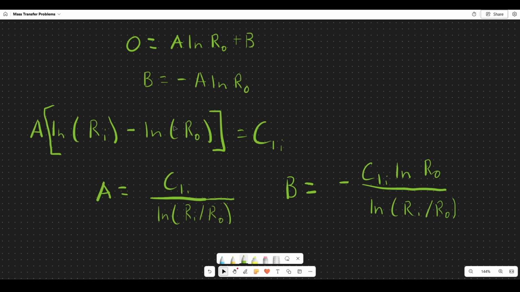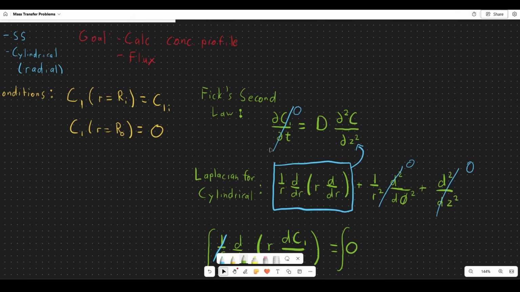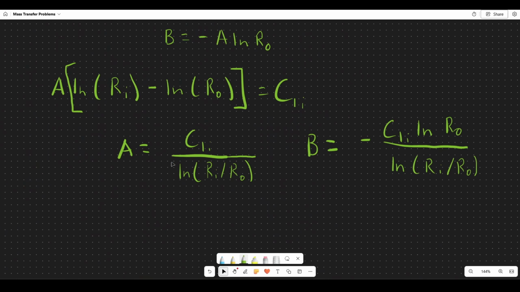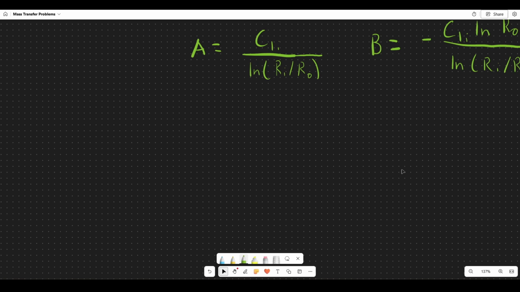And so, going back to our problem statement, what did we want? We wanted to find the concentration profile and the flux. And so now that we have our two constants, we can plug them into the original general solution over here, and we can get what the concentration profile is. So let's go ahead and do that.